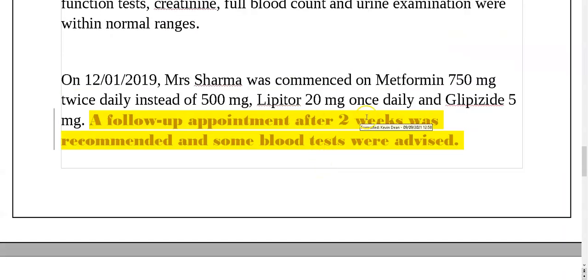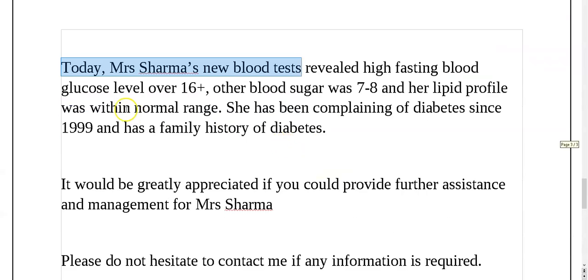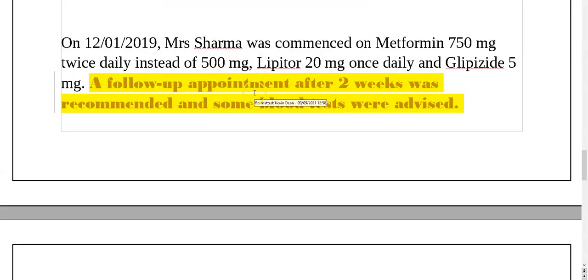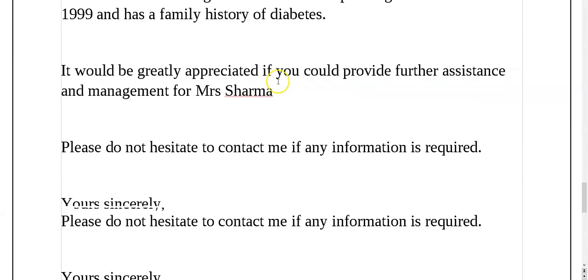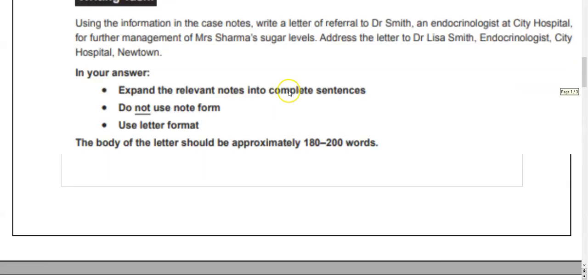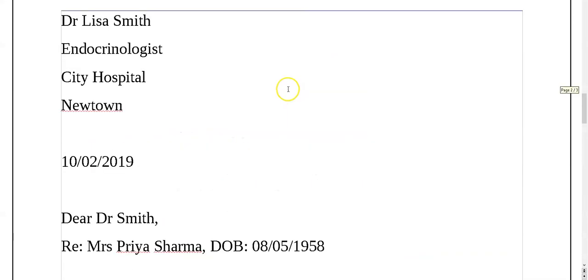You don't have to say after 2 weeks. Just say, today Mrs. Sharma returned with unchanging symptoms, blood test results revealed, and that would eliminate the need to include that. Okay, so not too bad. I hope that helps.